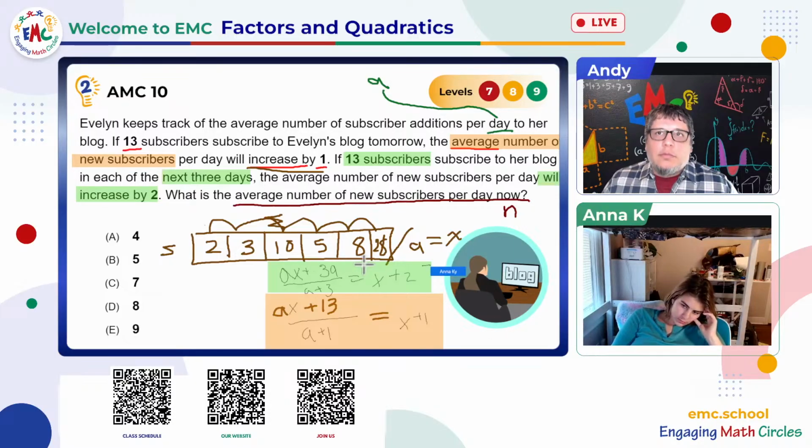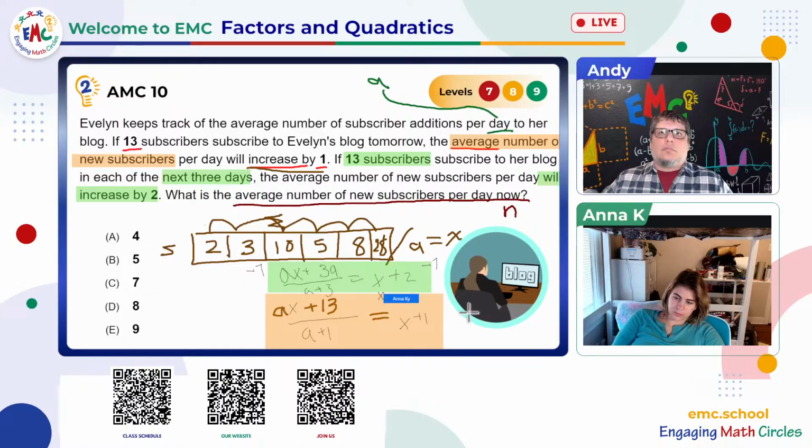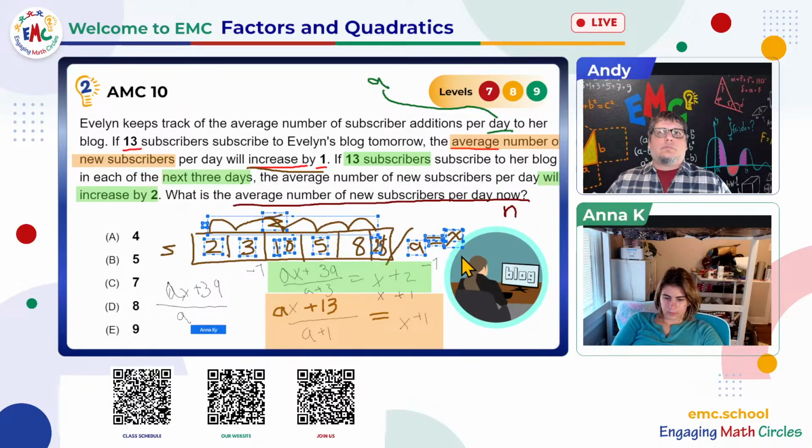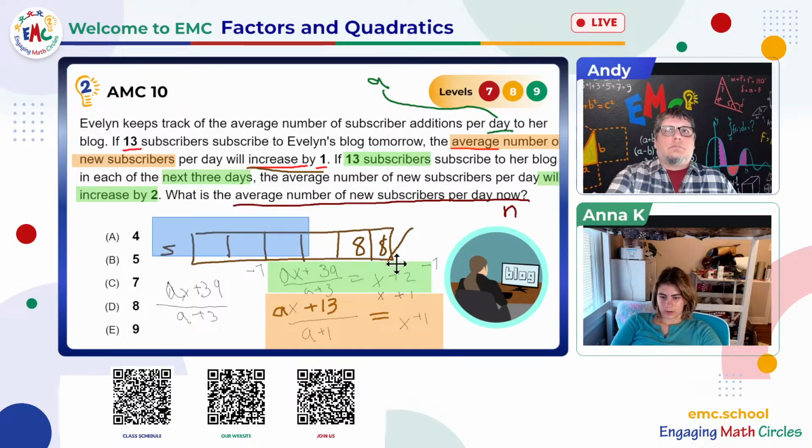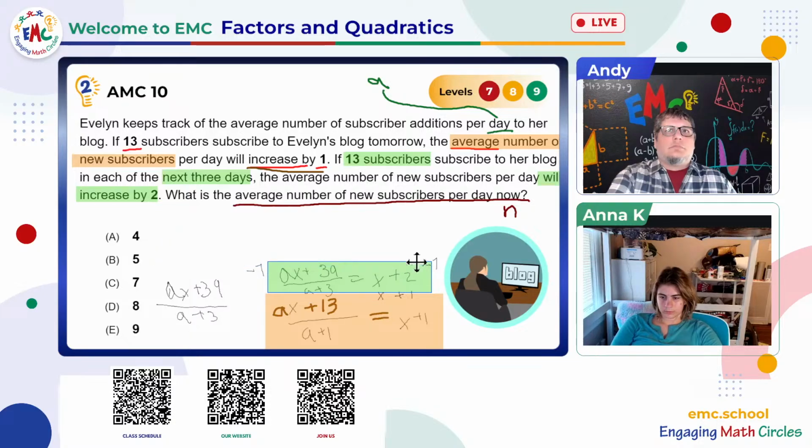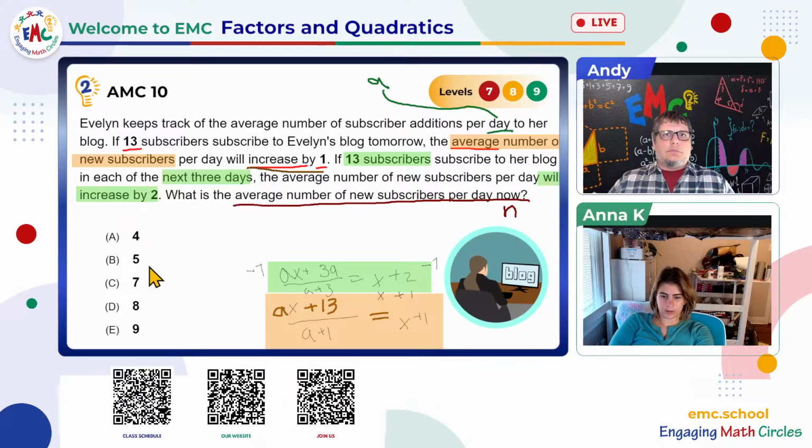So we could do minus 1 on each side to get this to X plus 1, so that we can set them equal. AX plus 39 over A plus 3 minus 1 equals AX plus 13 over A plus 1.